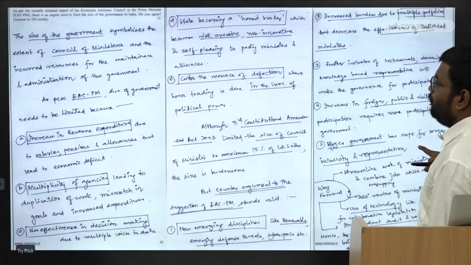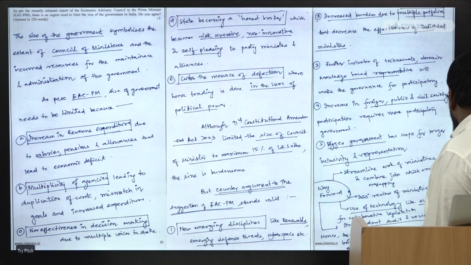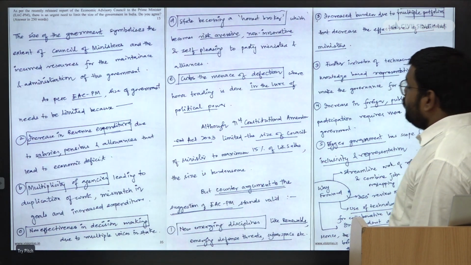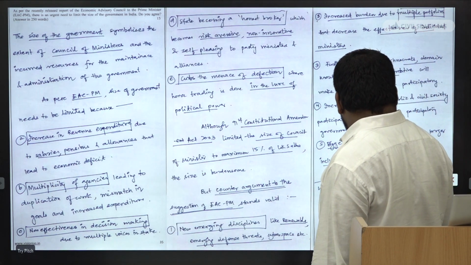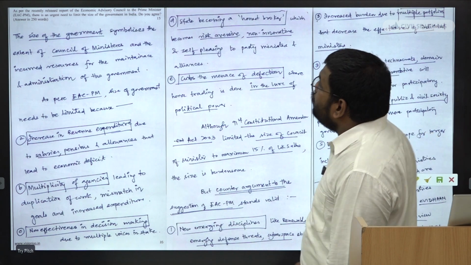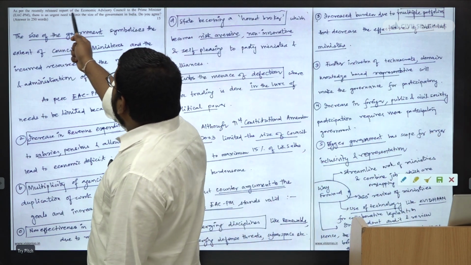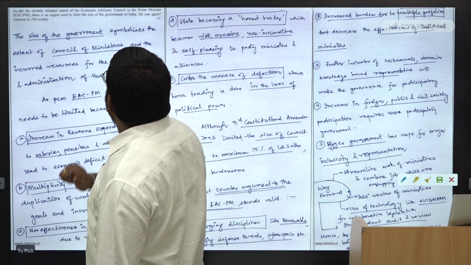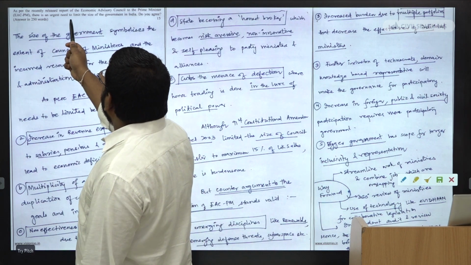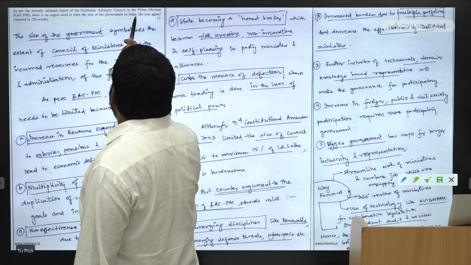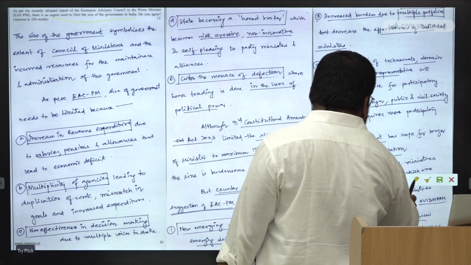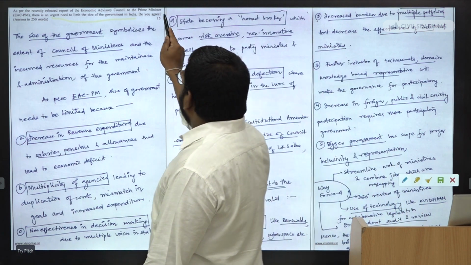So if you see the answer of Animesh first. As per the recently released report of the Economic Advisory Council to the Prime Minister, there is urgent need to limit size of government in India. Do you agree?